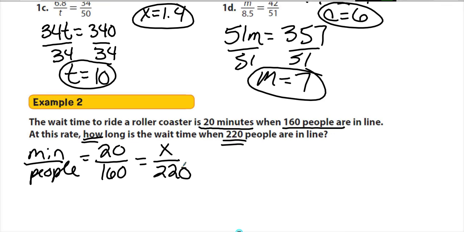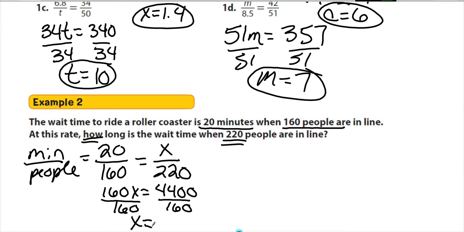So that's going to be 160x equals, and then we'll take 20 times 220. 20 times 220, that's 4,400. And then we're going to divide that by 160. And we should come up with 27.5.